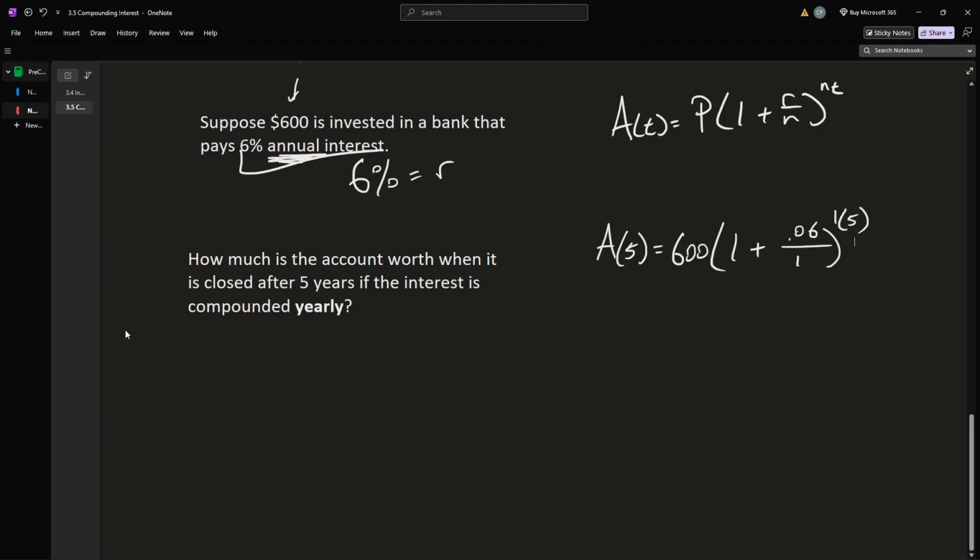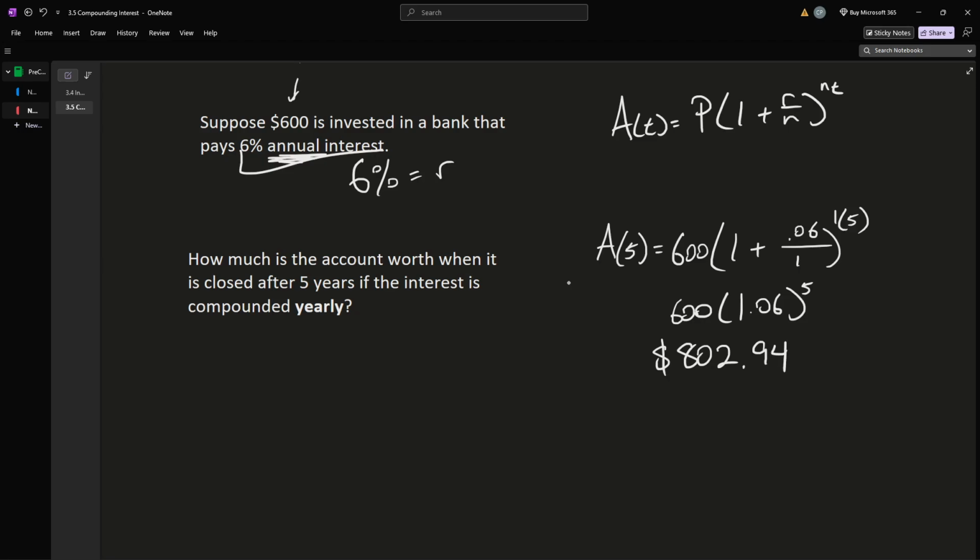And this is just a calculator problem. So we practice a lot with calculators, make sure we get it. All right. So we have this, we solve it out. My 600 times 1.06 to the 5th power. And I get a value of $802.94.